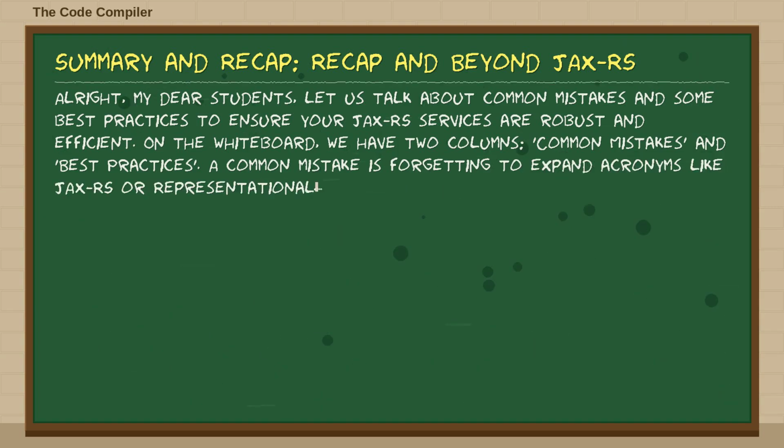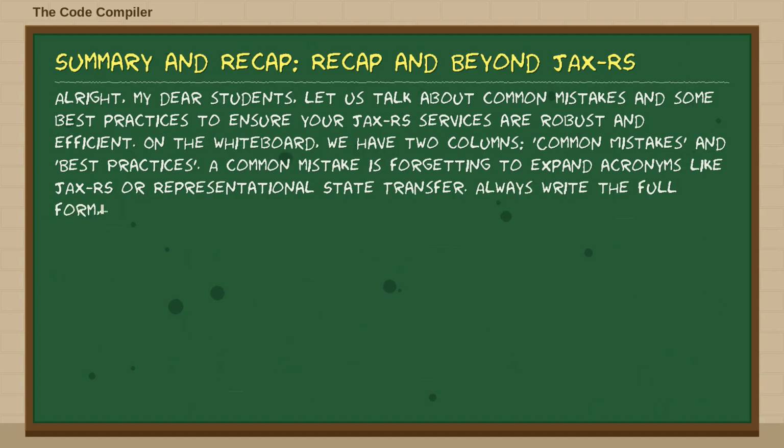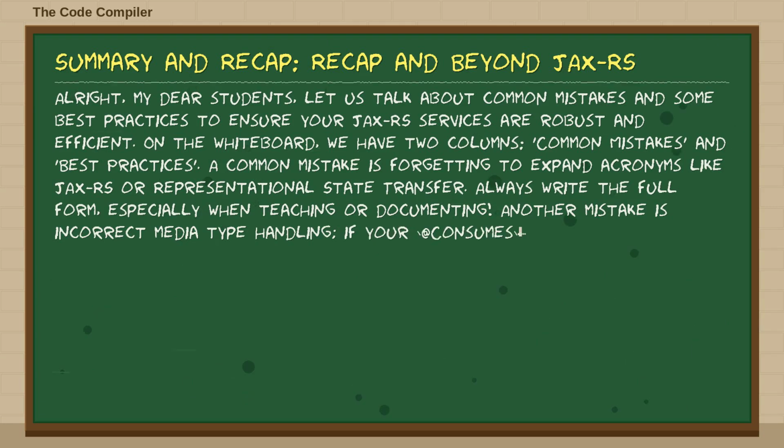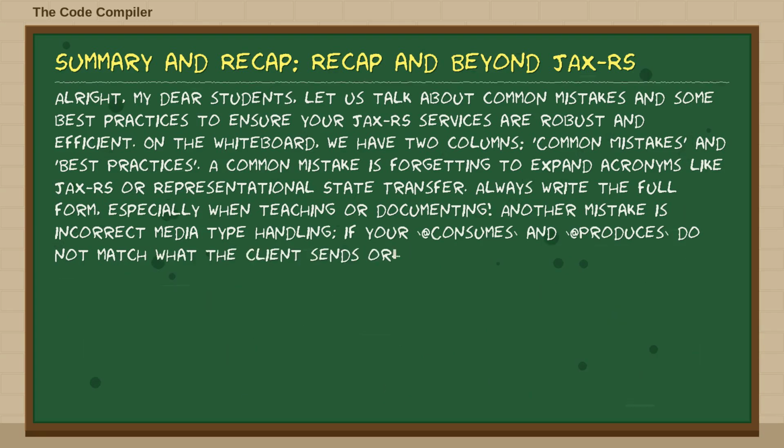Always write the full form, especially when teaching or documenting. Another mistake is incorrect media type handling. If your @Consumes and @Produces do not match what the client sends or expects, you will face errors. Always ensure your media types are consistent.